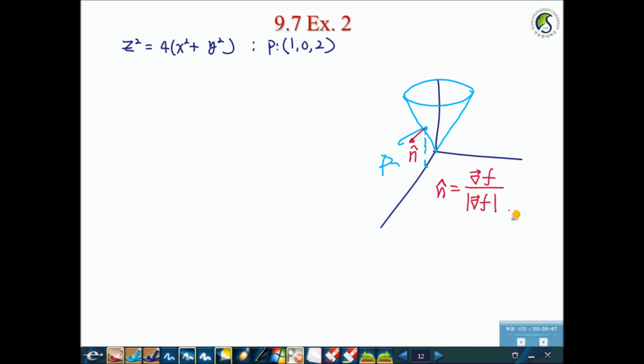If we have the gradient vector, n is the unit vector of that.